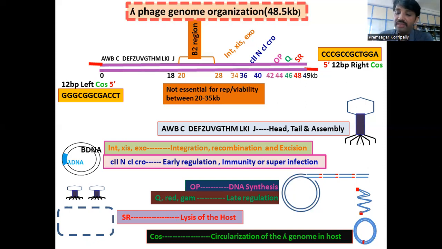If not, the circularized phage DNA undergoes replication to induce the lytic cycle. So this is all about lambda phage genome organization and its features.